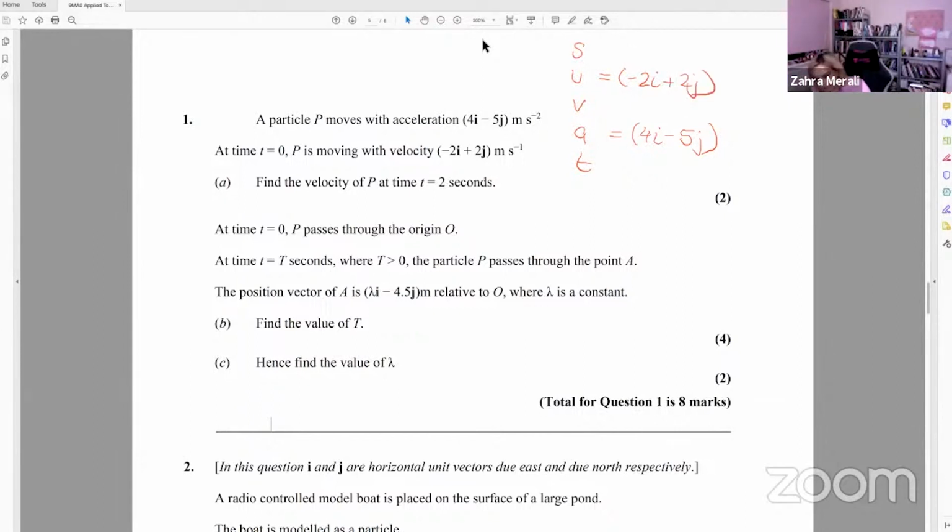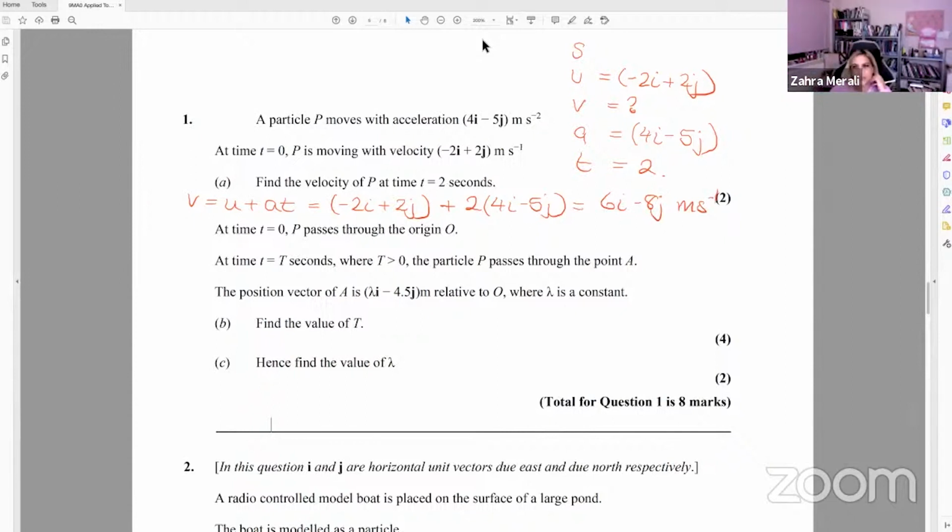We want to find out when t equals 2, so we're going to use v equals u plus at. So we've got -2i + 2j plus 2 lots of 4i - 5j. We clean that up and we get 6i - 8j meters per second.